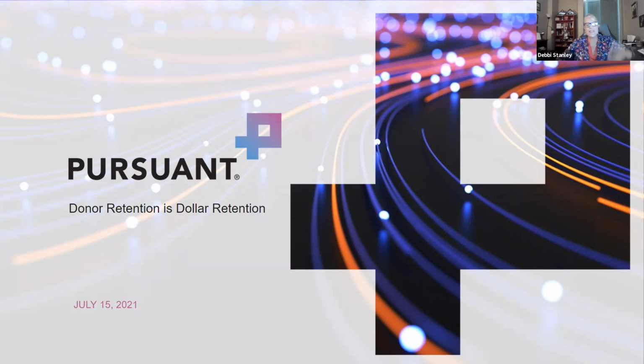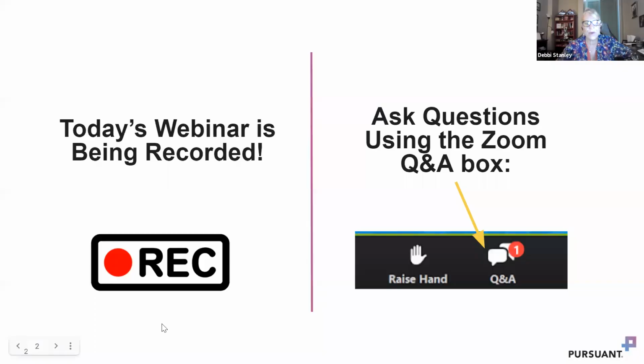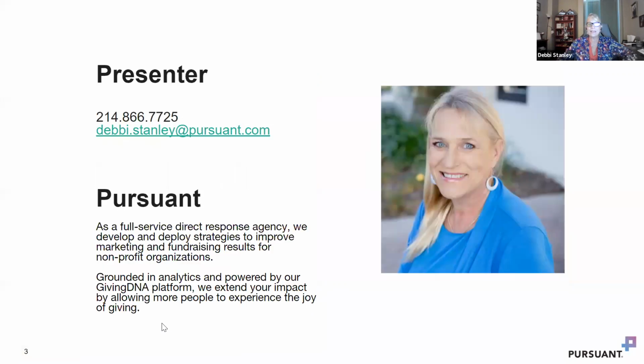Statistics show that even a small 10% increase in retention can increase the lifetime value of your donor database by over 200%.